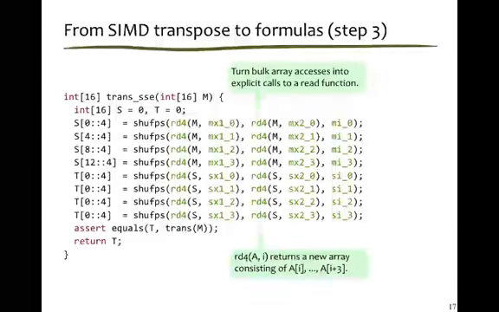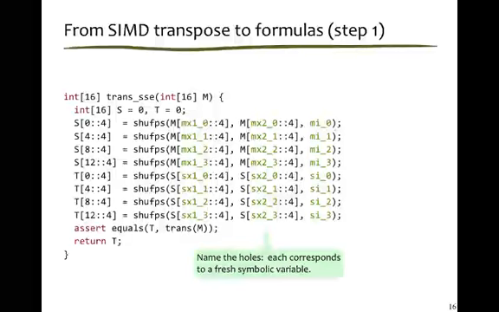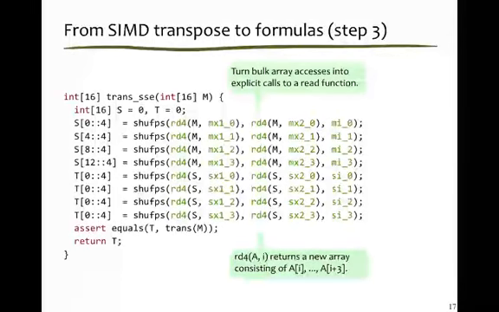Now, we also want to get rid of these bulk array accesses. So if you're familiar with MATLAB, what this means is give me a subarray of this array starting at this index and read off 4 elements of it, right? That's basically what the syntax means. We want to get rid of that by replacing it with a call to an explicit read function.